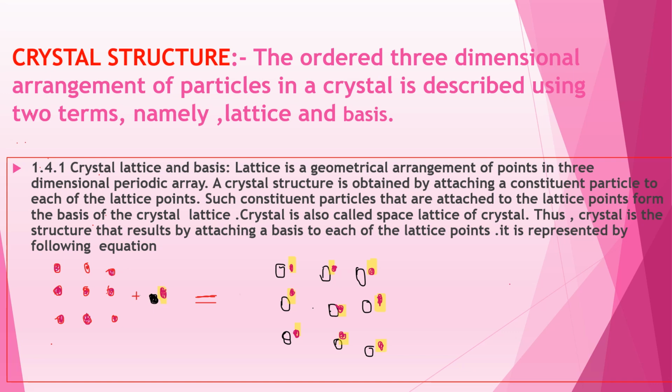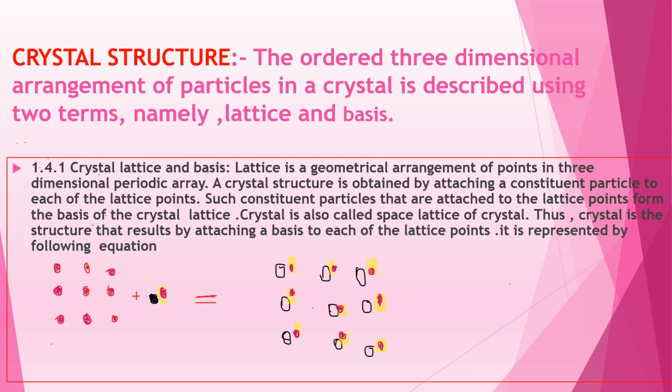A crystal structure is obtained by attaching constituent particles to each of the lattice points. Such constituent particles that are attached to the lattice points form the basis of the crystal lattice.